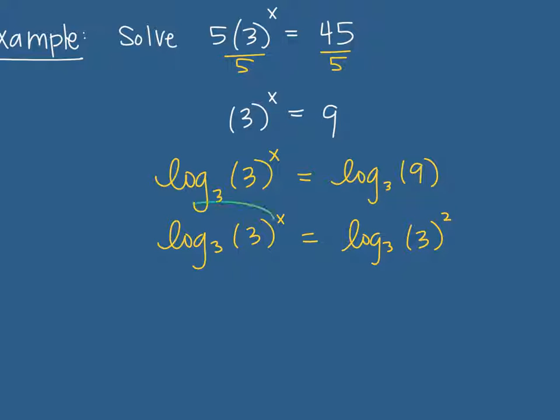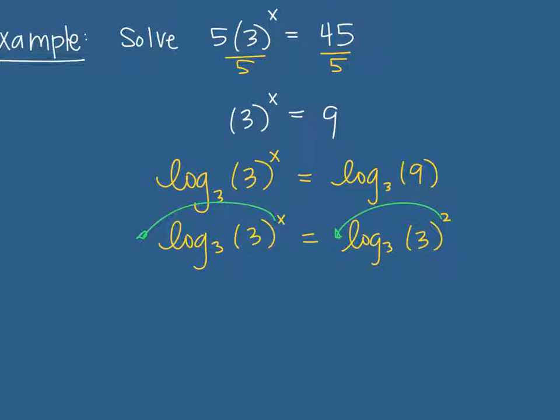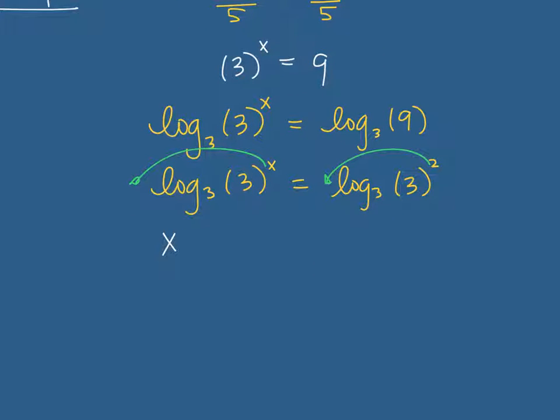And then you pull both of the powers to the front. So that'll leave you x in front of log base 3 of 3, and it'll leave you with 2 in front of log base 3 of 3.